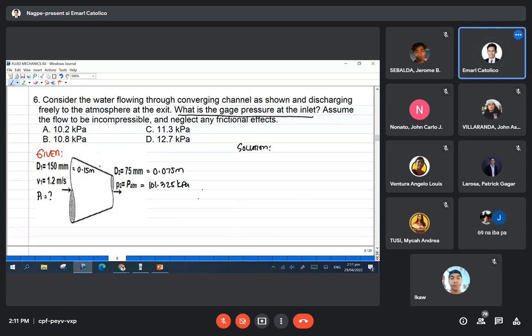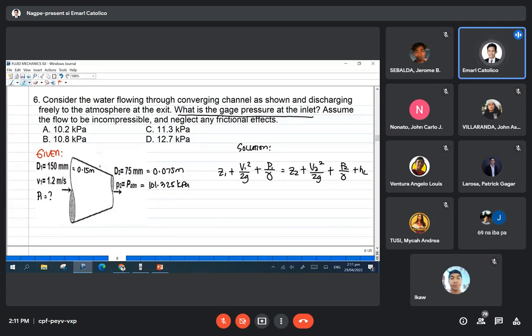Okay. So since flow na ito, no, gagamitin natin yung Bernoulli's equation. So formula natin ng Bernoulli's equation is V1 squared over 2g plus P1 over gamma is equal to z2 plus V2 squared over 2g plus P2 over gamma plus head loss.